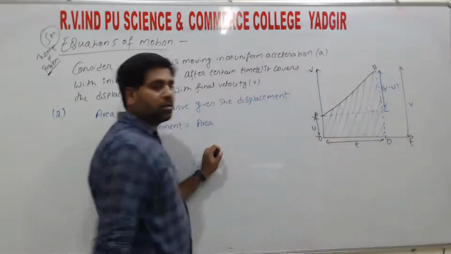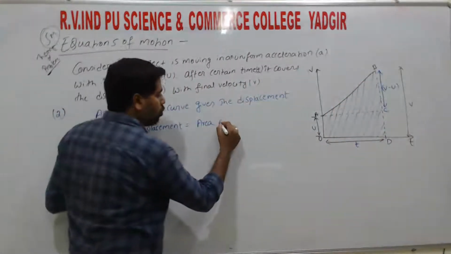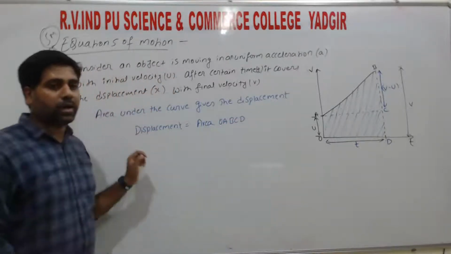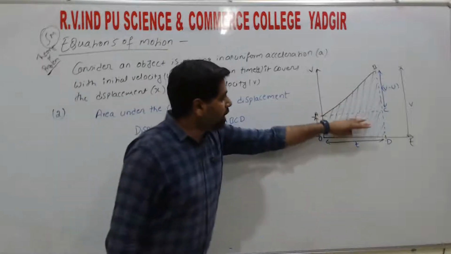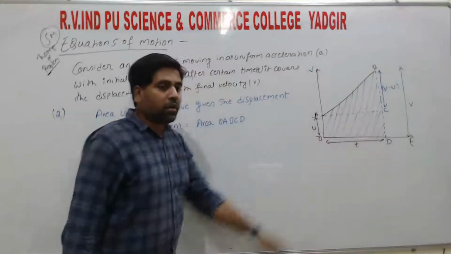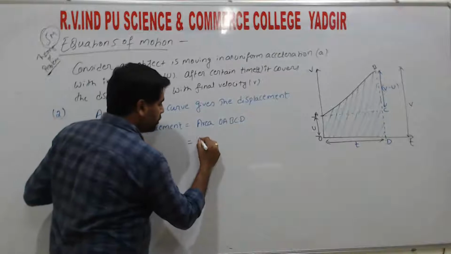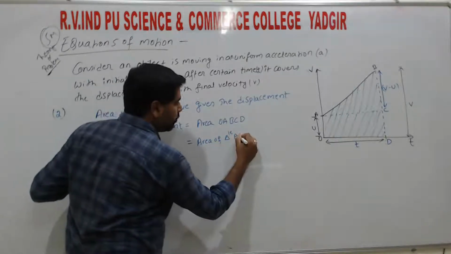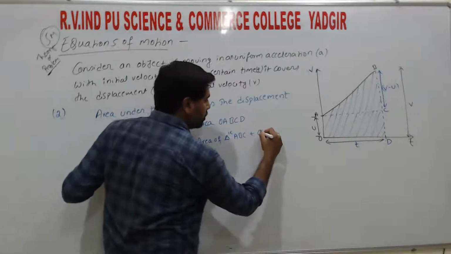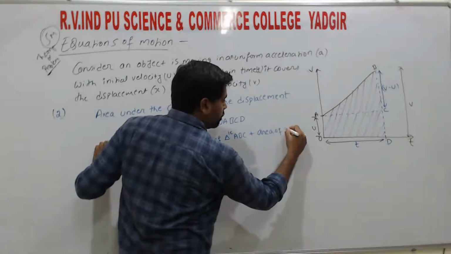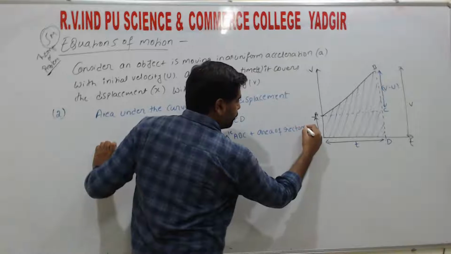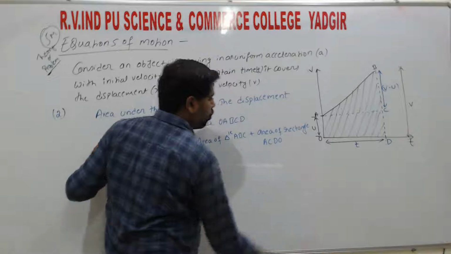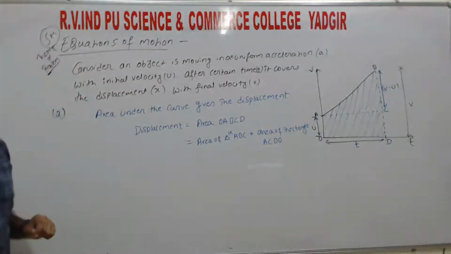So area under the curve, that is area O, A, B, C, D, right? So this is divided into two: one is a triangle and the other a rectangle, right? So that is area of triangle ABC plus area of rectangle ACDO, right?